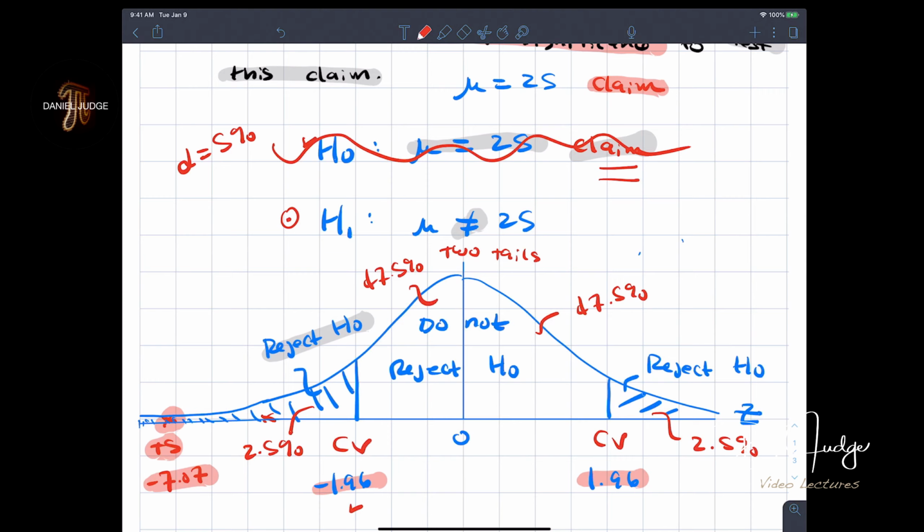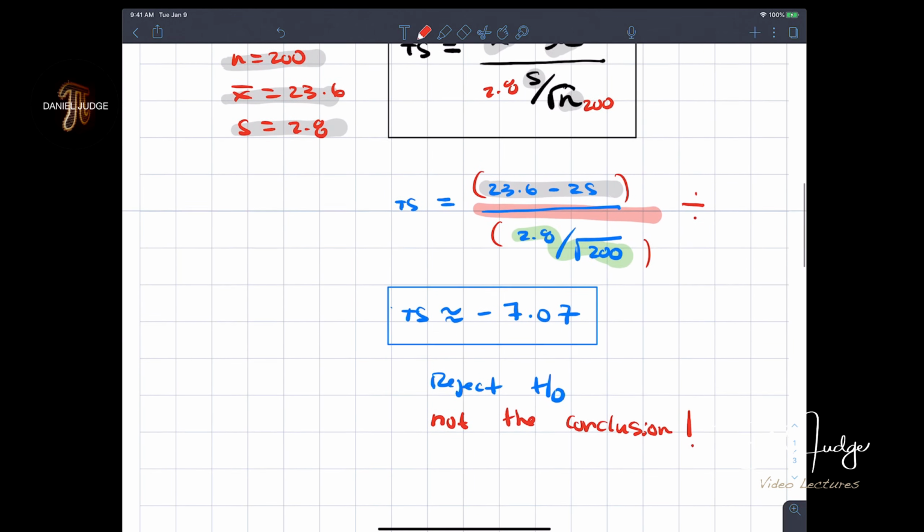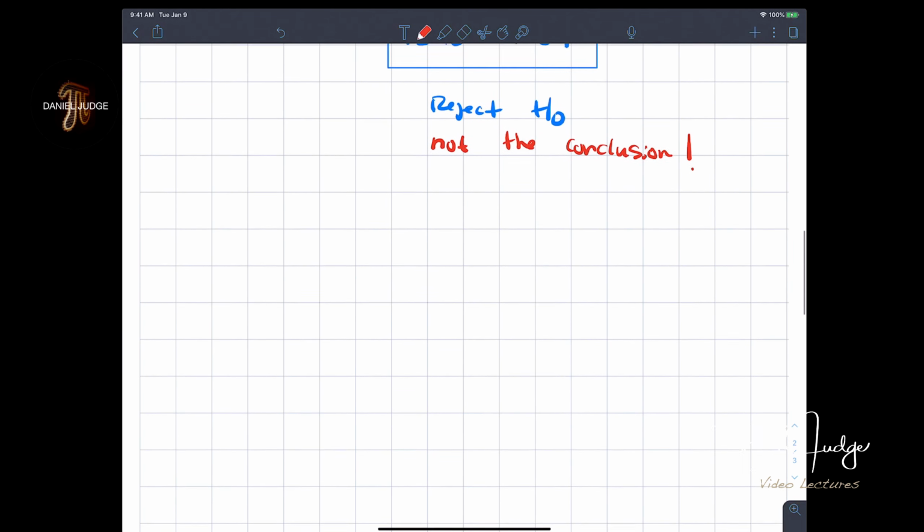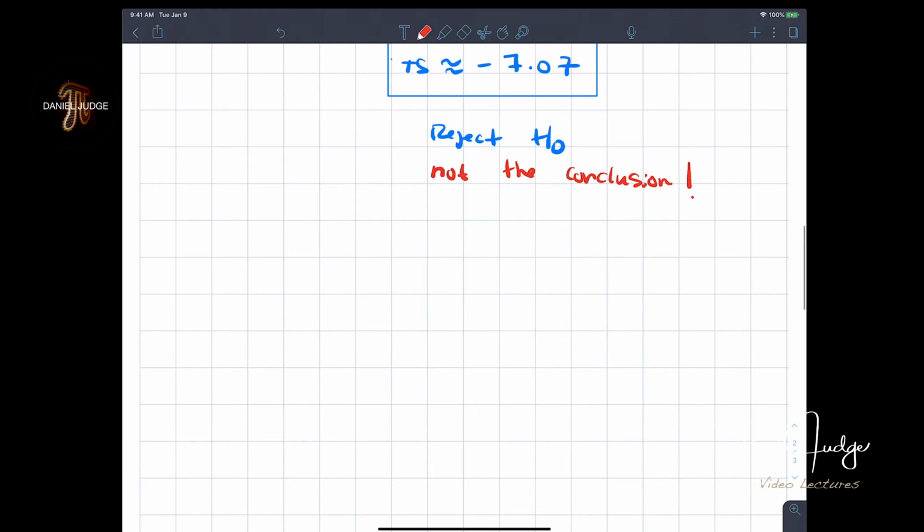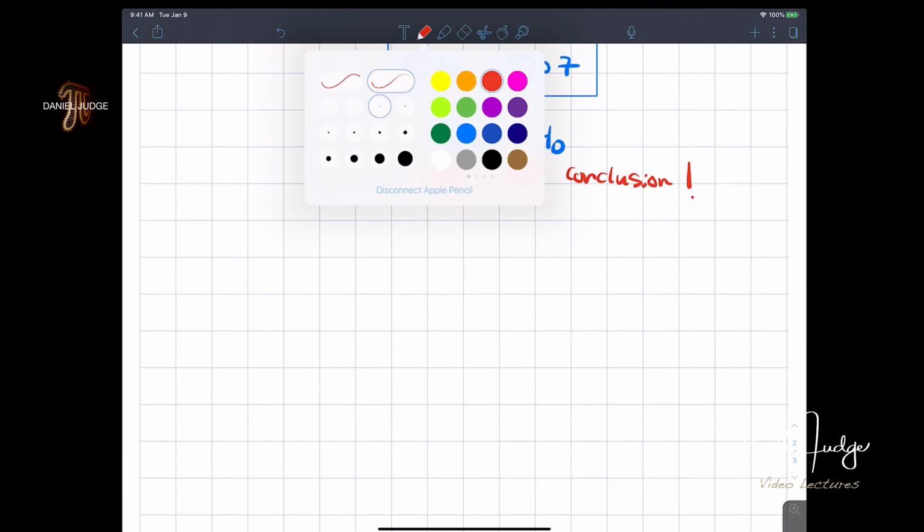Now, this is what you have to say to get credit for this particular process. You have to say it this way. When you rejected the null, you rejected the claim, and the rejection is based on a sample. So here's my conclusion. Here's what you say.